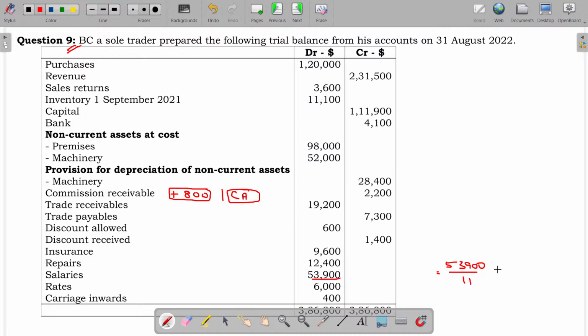Then what about the per month salary? 53,900 divided by 11, 4,900. This is outstanding, so add this 4,900. As the expense is outstanding, this will be current liabilities.